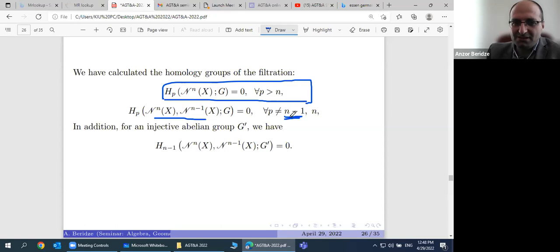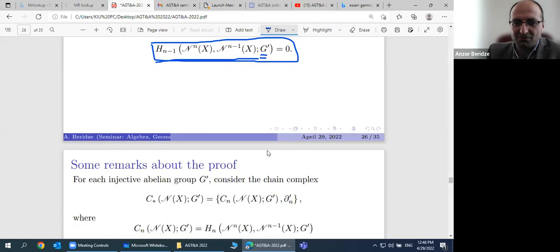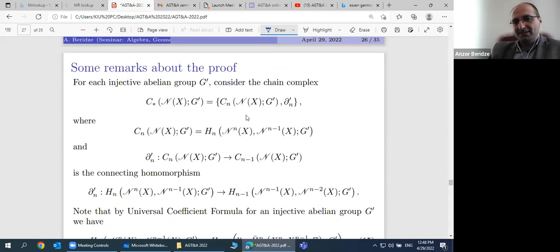But the problem is exactly this, that this homology theory is not 0 if the coefficient group is not injective. But fortunately, if the coefficient group is injective, then we have such kind of isomorphism as well, but not for a general abelian group. And this is a standard approach.